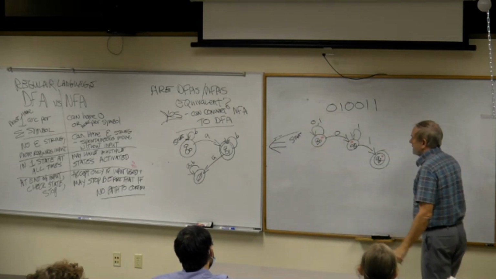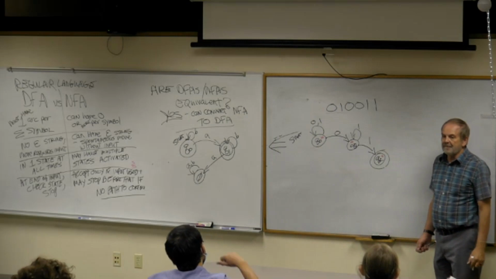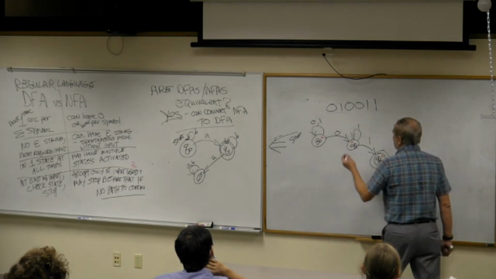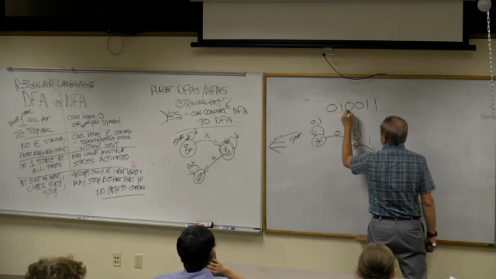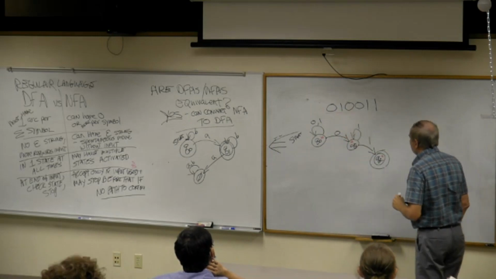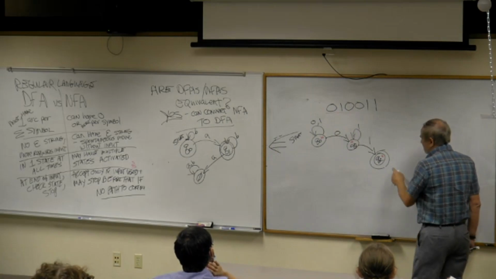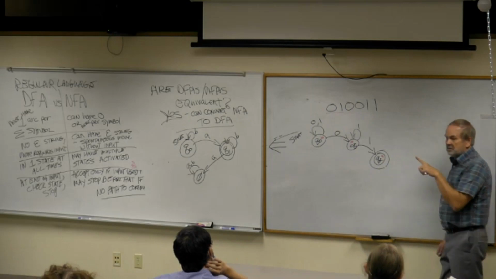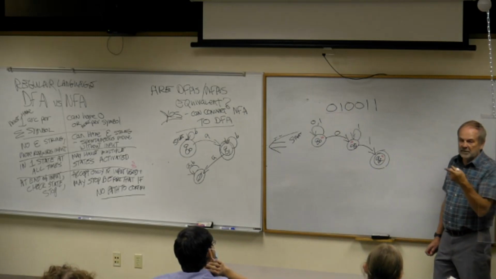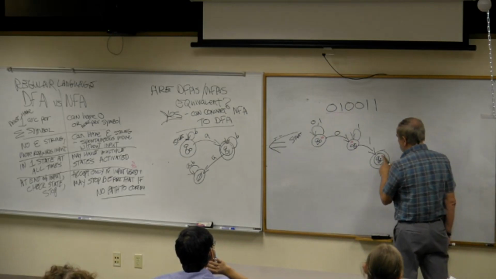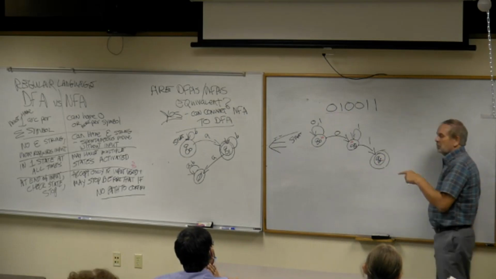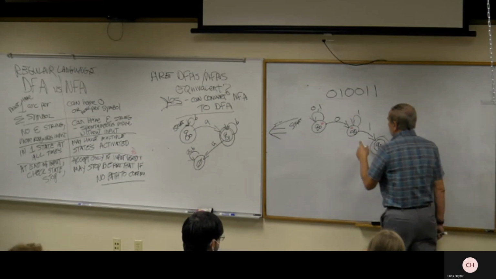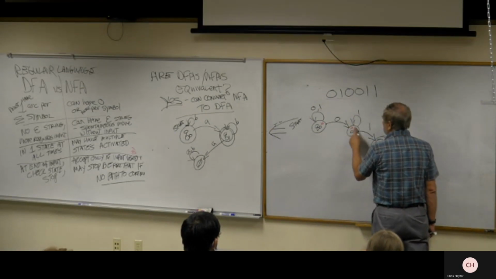And what does that do? Q2 on a 0 goes nowhere. So that path is unsuccessful, so that is no longer activated. If it's in Q1, it sees a 0. It can't go anywhere, so that one's no good. What that's telling us is we shouldn't have gone down the alternate paths.